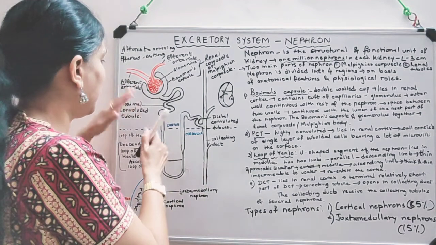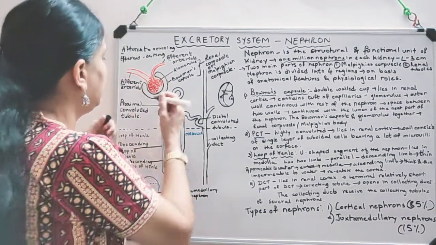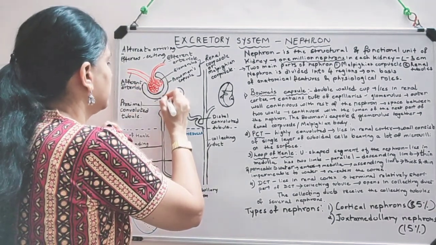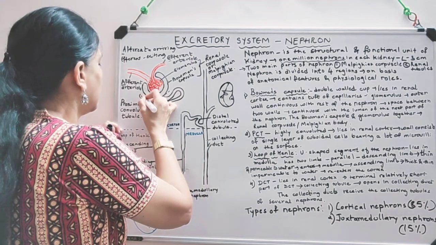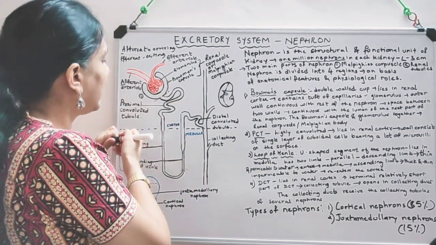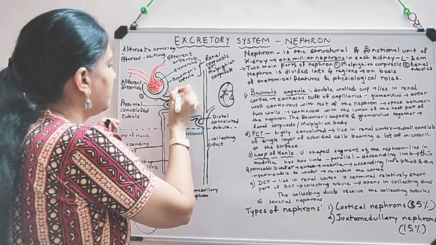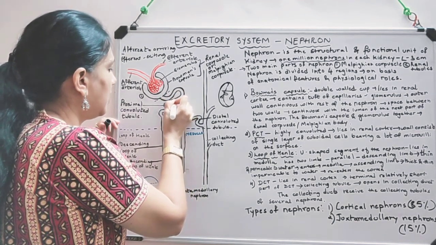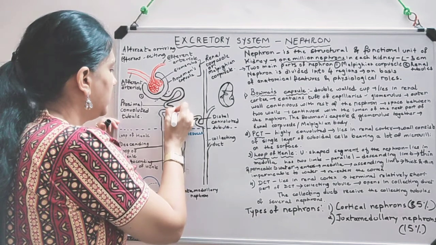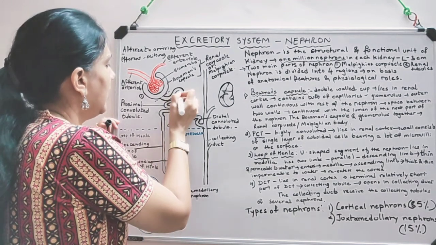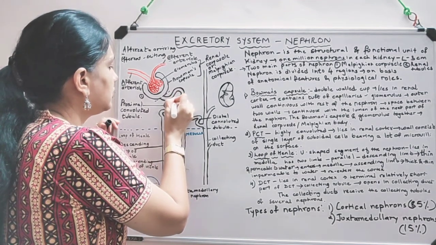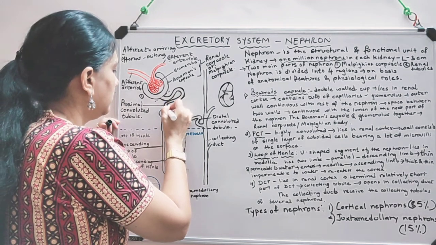Now the next part. So we study from here. We completed this portion. This is the region 1. Now second part. So this is it. This twisted part. You can see this part of tubule is highly twisted. And twisted means convoluted.